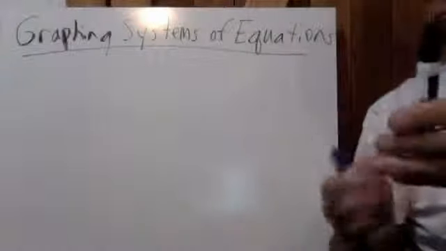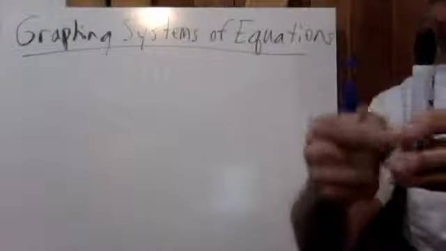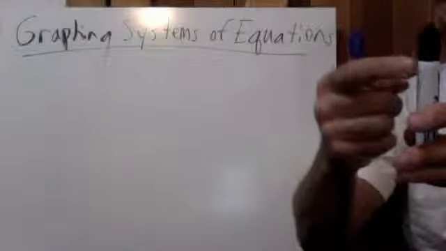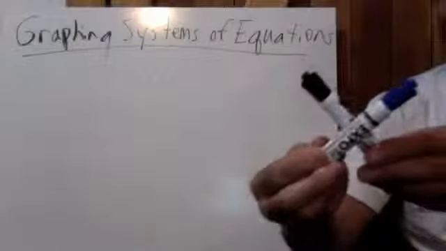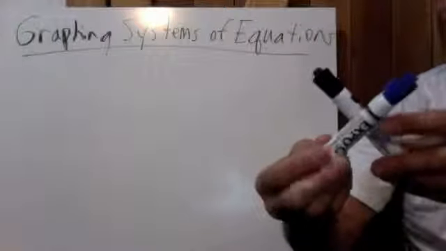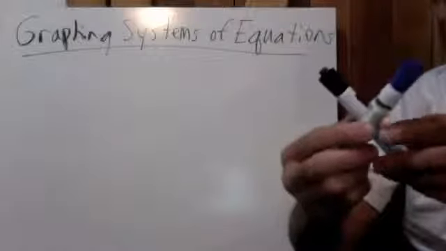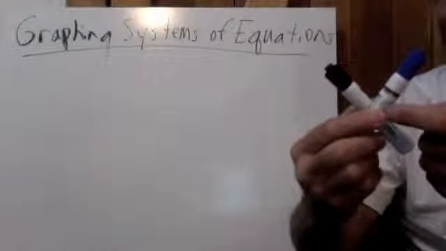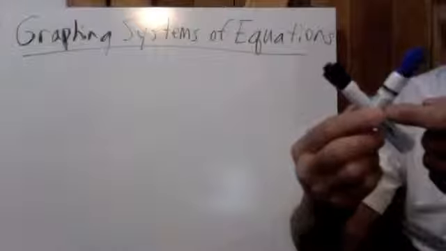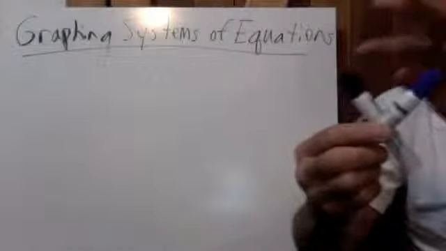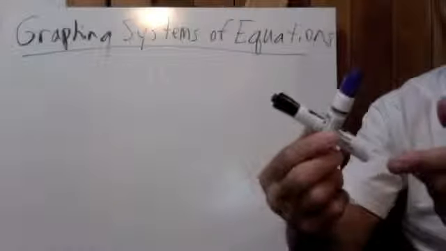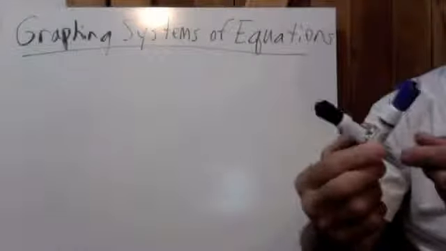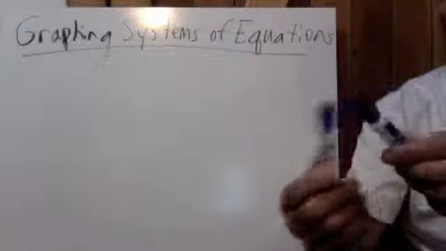And every point on the other line is an x and a y that make that equation true. Well, what happens when they cross? The point where they cross is the one x and y that make both equations true. And that's a pretty handy thing to know. We'll talk about more real-life examples of how that works.